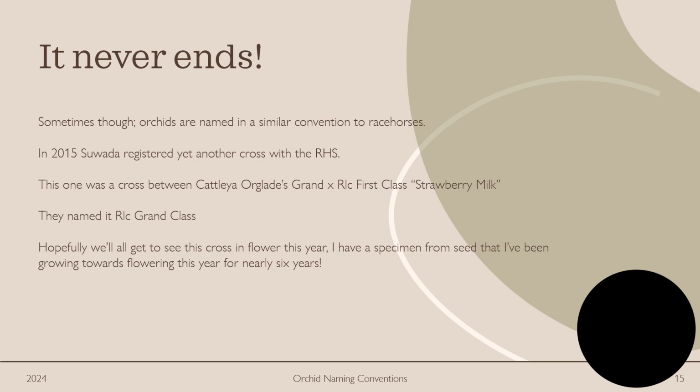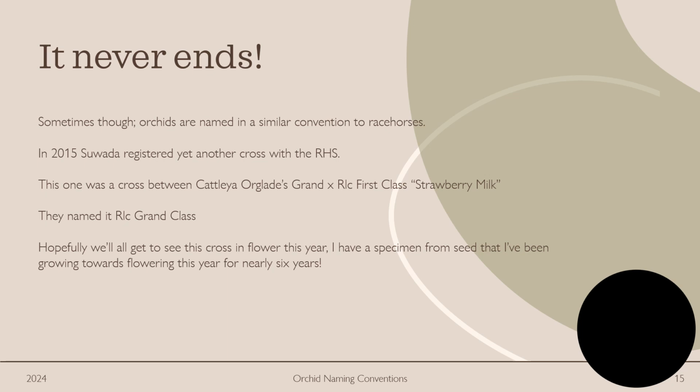This one was a cross between Cattleya All Glades Grand and RLC First Class Strawberry Milk, which we talked about earlier. And this cross was named RLC Grand Class. So they took the Grand from Cattleya All Glades Grand and the Class from RLC First Class.